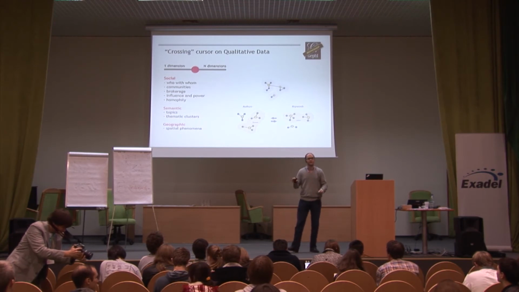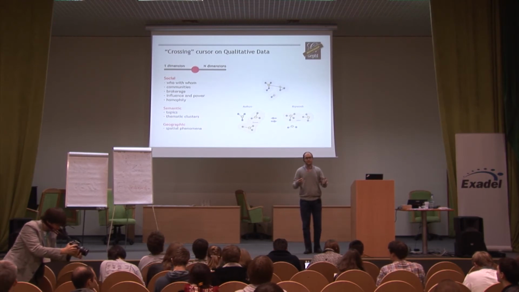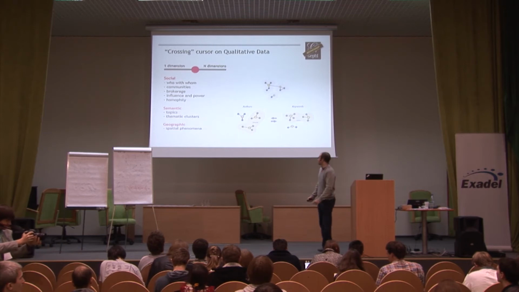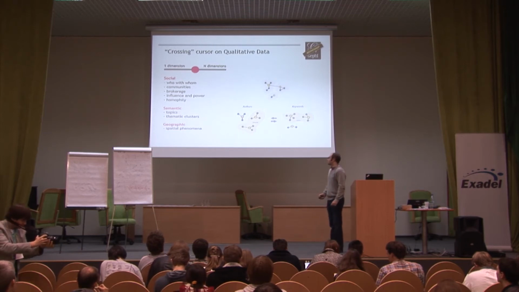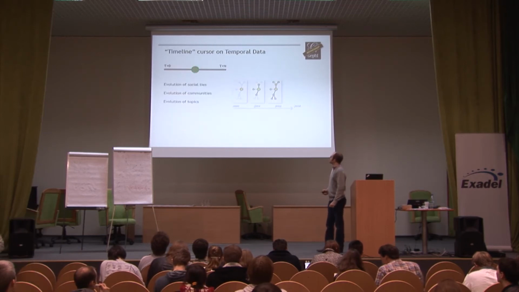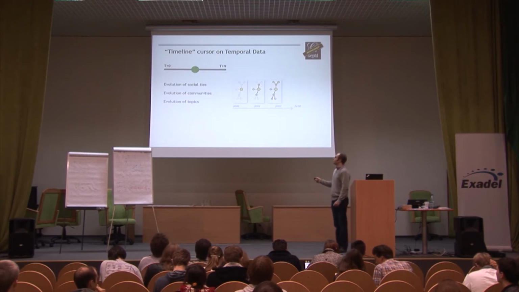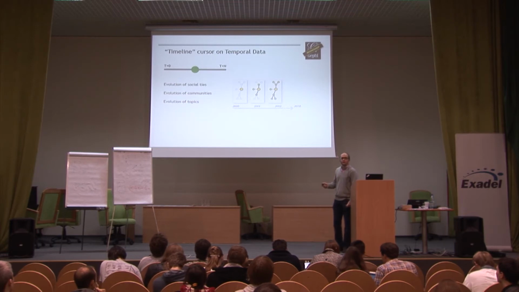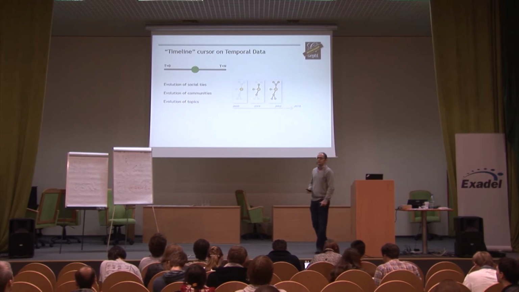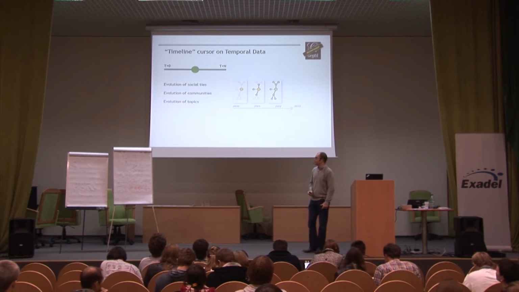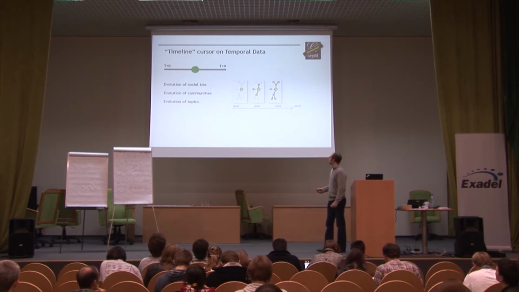What are the hot topics, and how to react? And also you have some geographic phenomena. Well, I have not so much to say about the timeline. Tomorrow we'll see the abilities in Gephi to deal with dynamic networks, with timeline, dynamic statistics, animation.